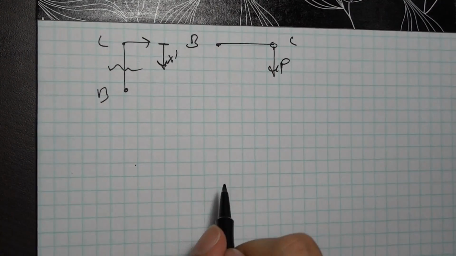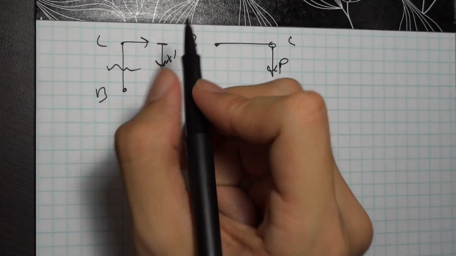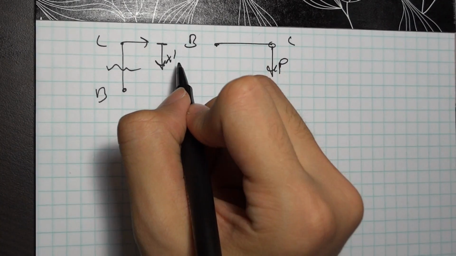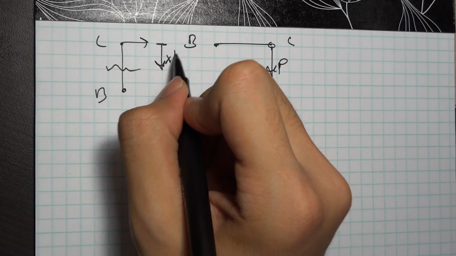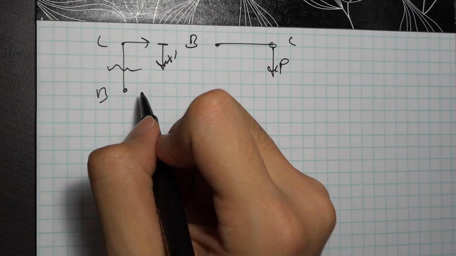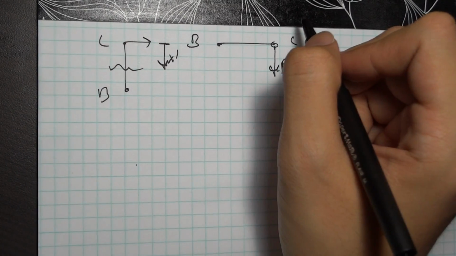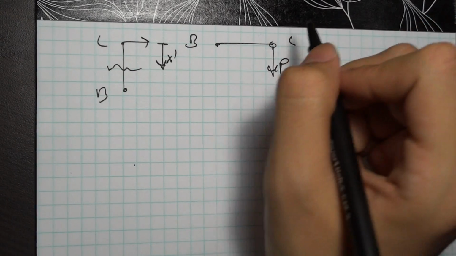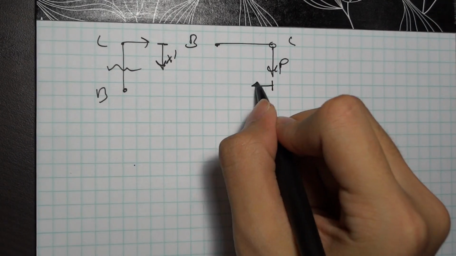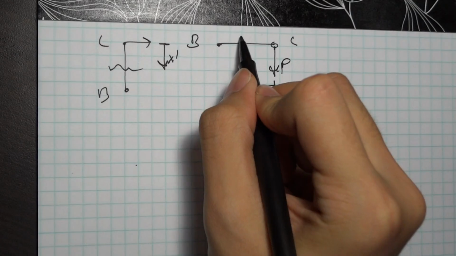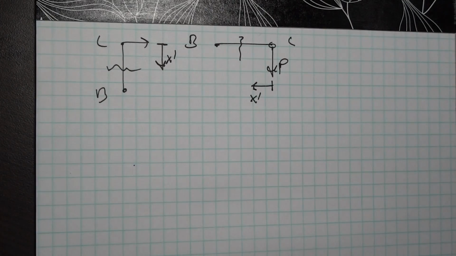We'll call this x prime. I'll just say that it's much easier if you make your x prime go this way, because you don't need to worry about the forces that are coming from B. If I make it like this, x prime, then my cut is here.